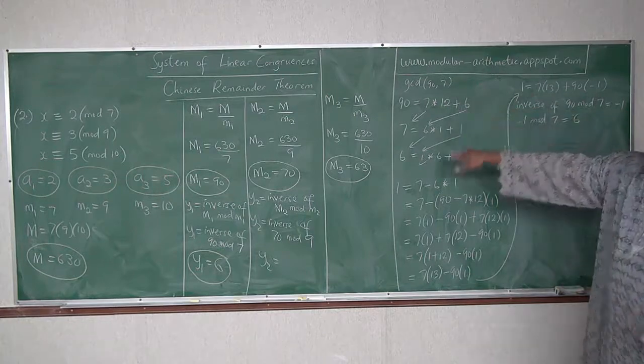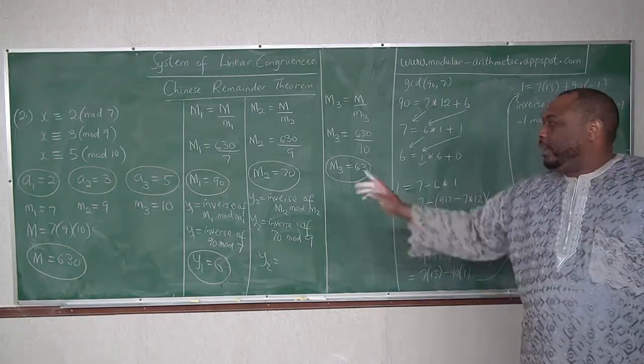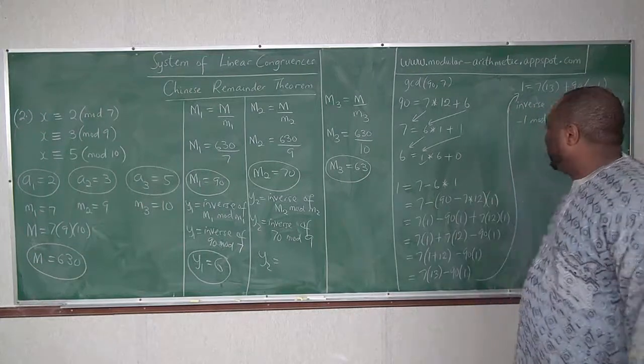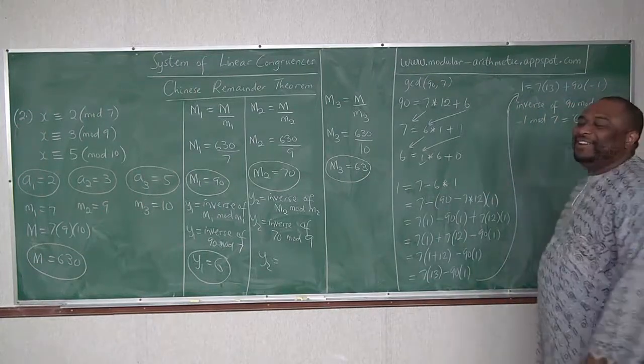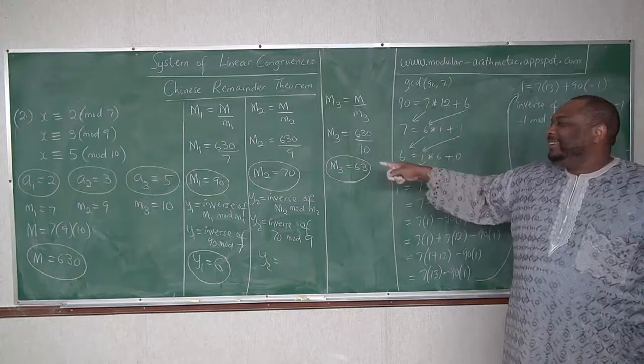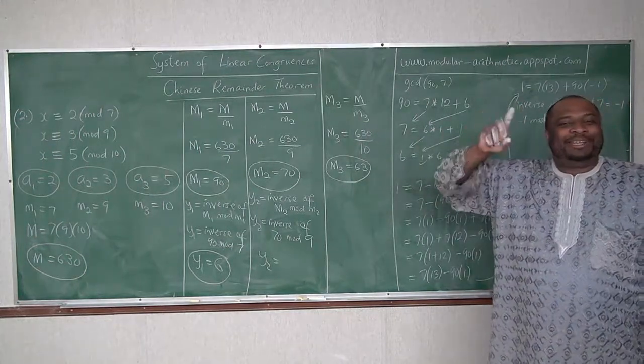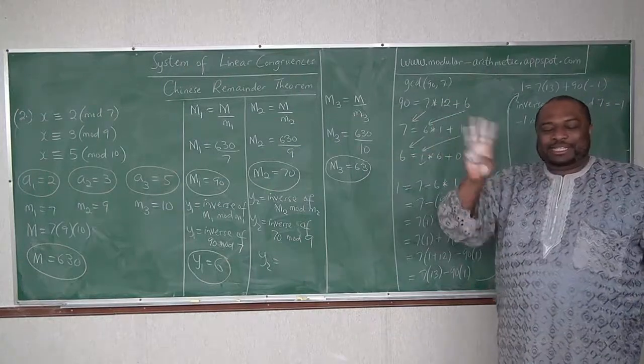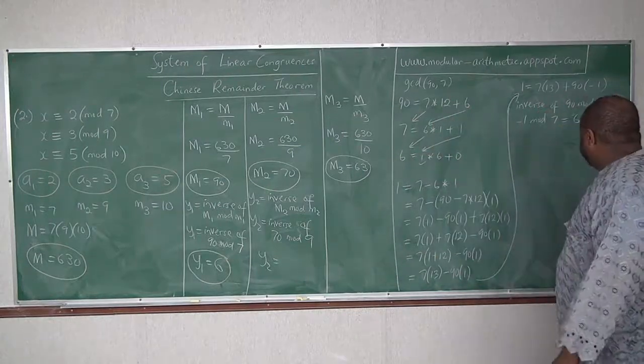Oh, sorry, the earlier work was 90 and 7. We are looking at 70 mod 9, so we have to do 70 and 9. It wasn't like example 1 where we got it right away, because this is the three cases case. Okay, let's do it.